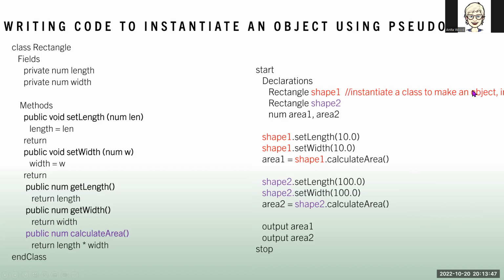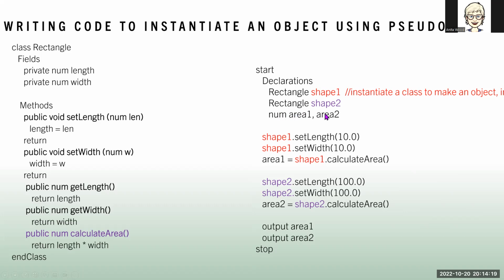In our terminology soup, we know that we could say object, instance. If we say that this is an instance of the class, then the word instantiate makes a little bit more sense. Now I can reuse this class as many times as I want. I have used the shape2 variable, which will now be of type Rectangle.